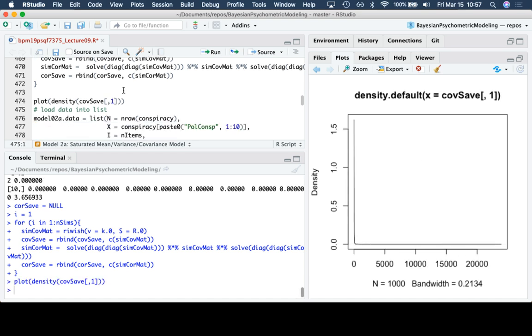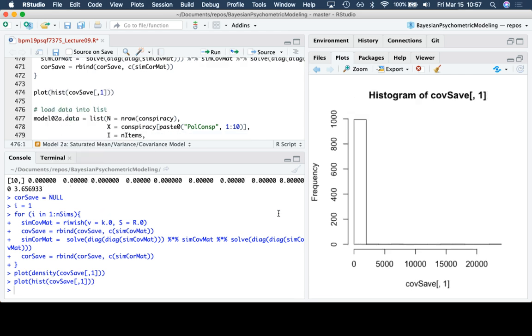So here's the value of the covariances. Maybe I can do a histogram. There's some really big, this is the first variance of the value. The first variable's variance. It's really, really big.